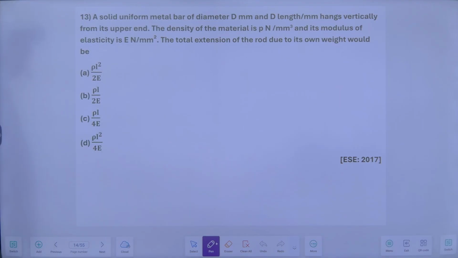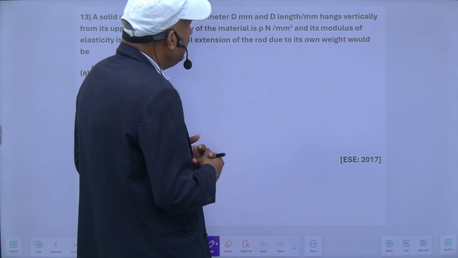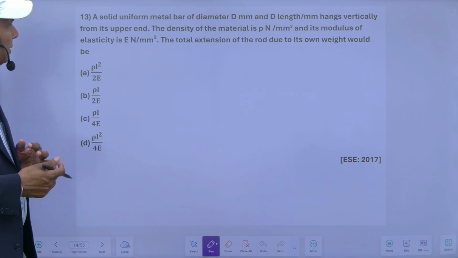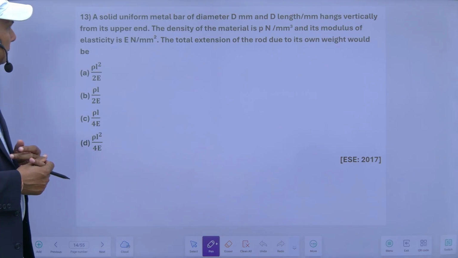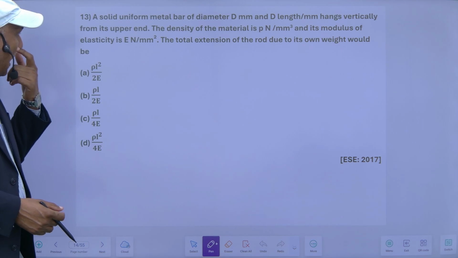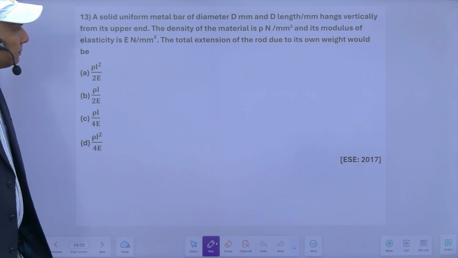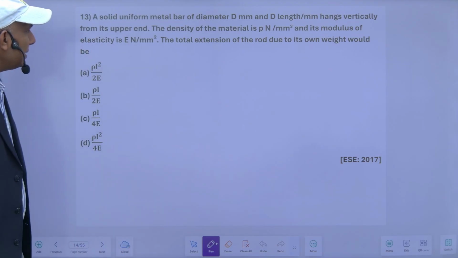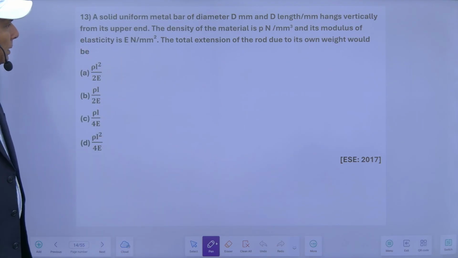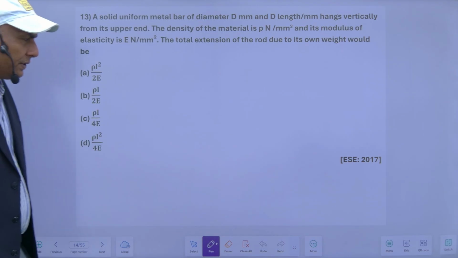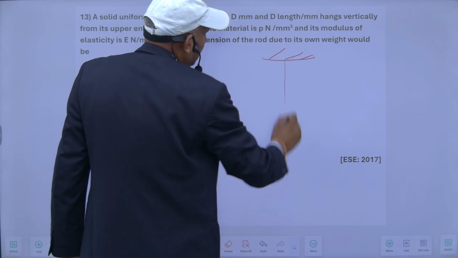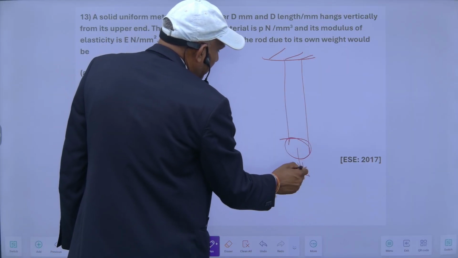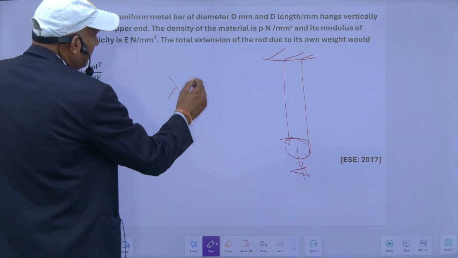A solid uniform metal bar of diameter D and length L mm hangs vertically from its upper end. The density of the material is rho Newton per mm cube, and its modulus of elasticity is E. The total extension of the rod due to its own weight. As we know, if you have a bar under its self weight, the elongation is delta equals rho L square upon 2E.